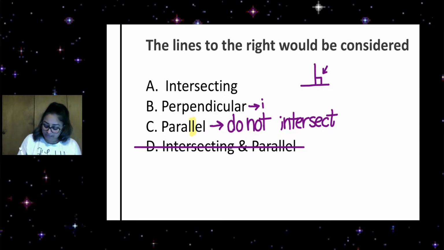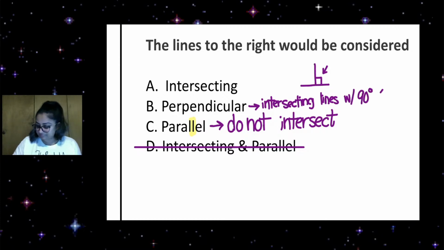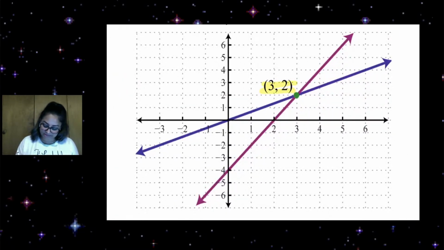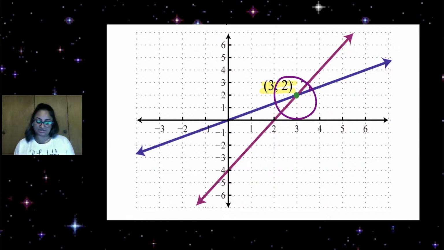So here we have intersecting lines that create 90-degree angles.